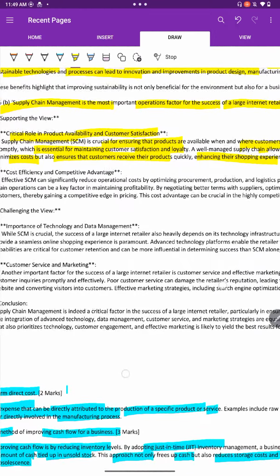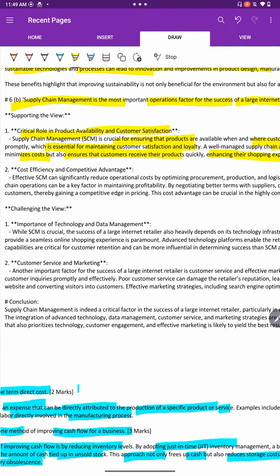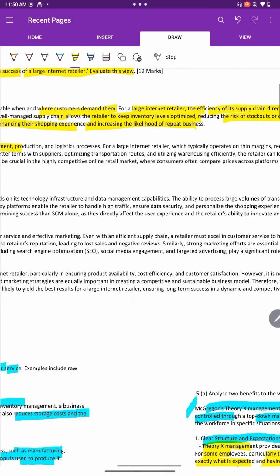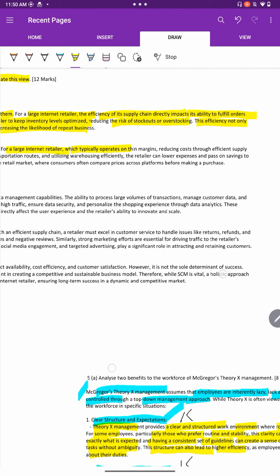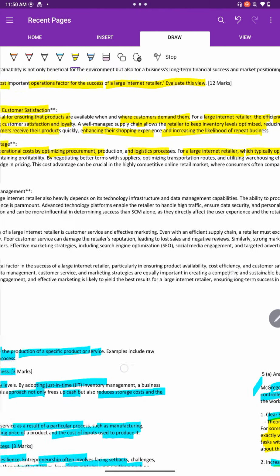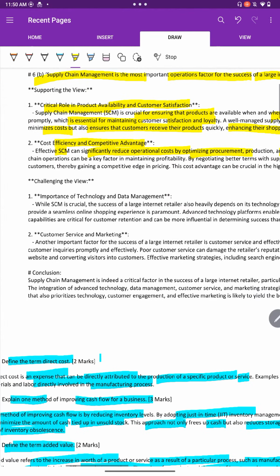Now we are going to see the second benefit, that is cost efficiency and competitive advantage. Effective SCM can significantly reduce operational costs by optimizing procurement, production, and logistics processes for a large internet retailer, which typically operates on thin margins. Reducing costs through efficient supply chain operations can be a key factor in maintaining profitability.